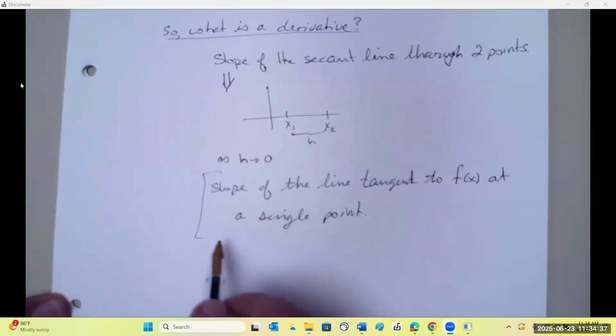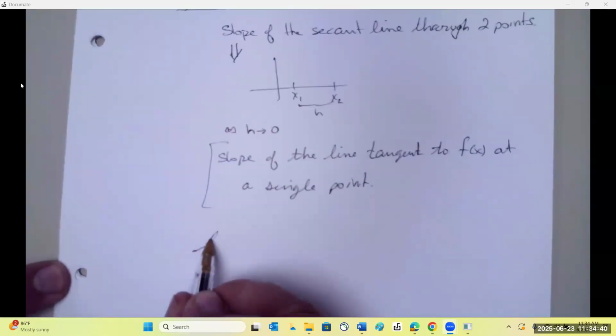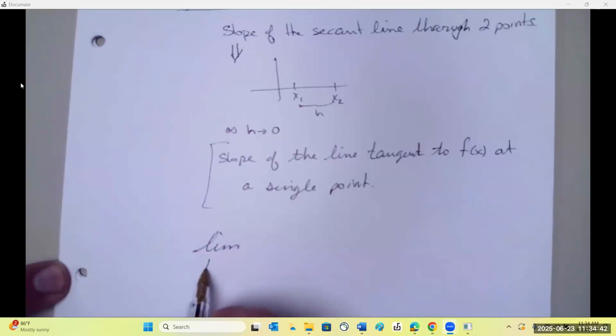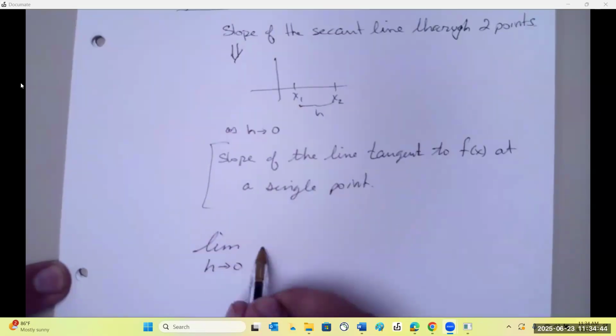And that slope of the line tangent to the curve is what this really told us.